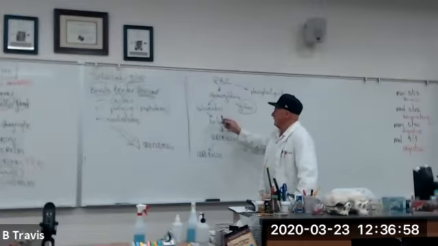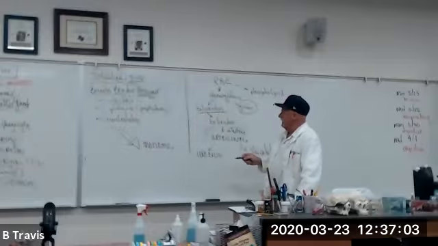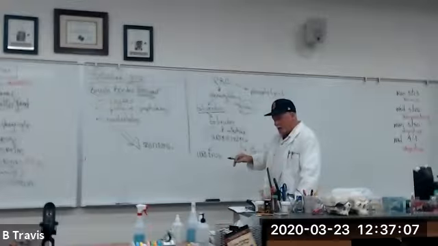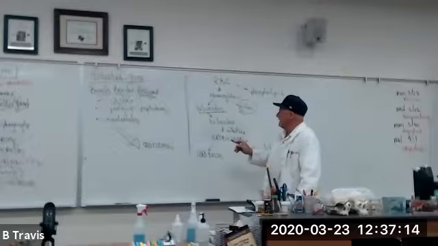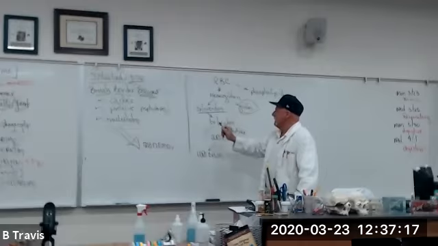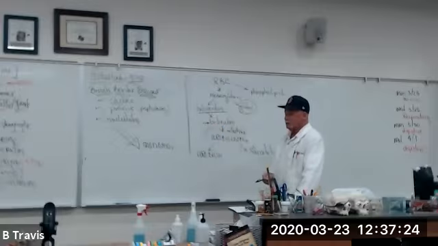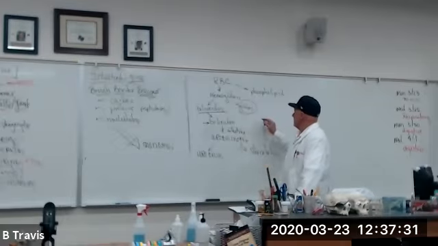And the heme portion becomes a compound called biliverdin. Now, this is going to go down the common bile duct to the duodenum. In the duodenum, there is an enzyme that converts biliverdin into bilirubin. And we hear of bilirubin because a buildup of bilirubin in the blood is a condition called jaundice.